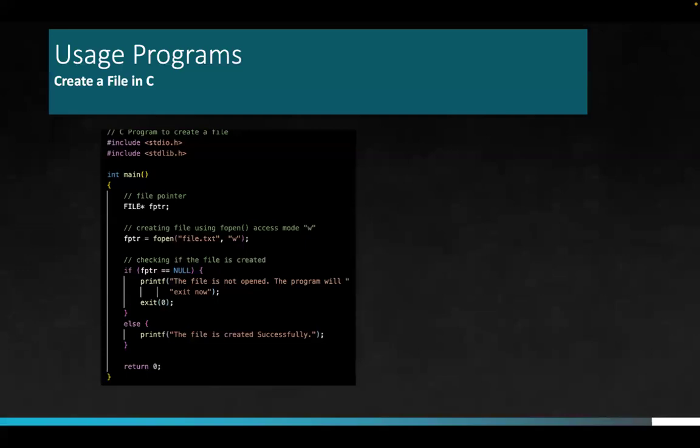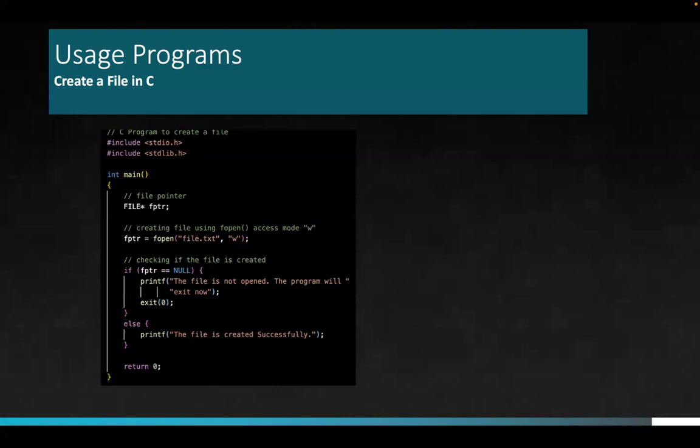Here, to create a new file, you have to use w. As I said, if the file is already there, it just overwrites the file. If the file is not there in the current working directory, it creates a new file and writes the data into it.